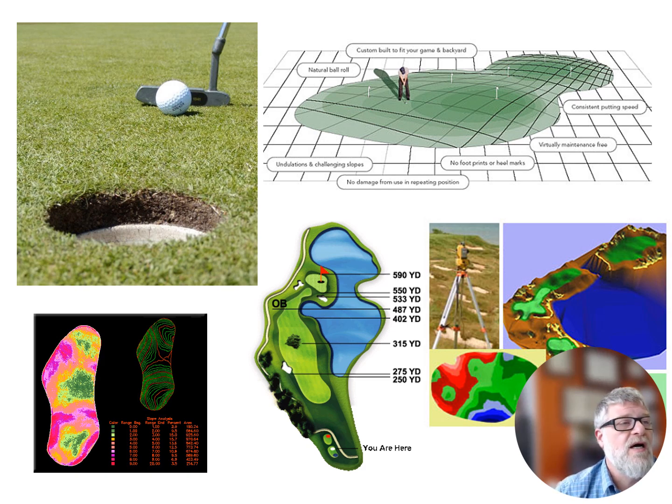It had a hole for a ball to go in. It had an example of the natural undulation of a green. It had a sort of topographical elevation map. It had a distance map that showed some of the peculiarities of that particular hole.